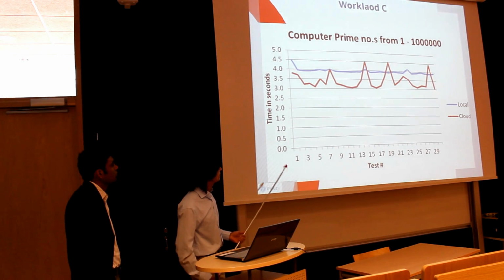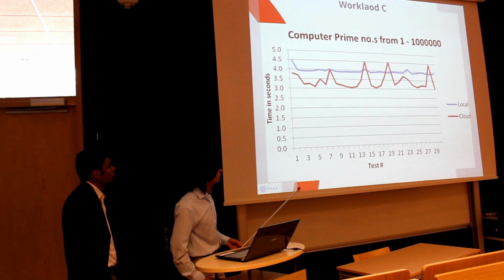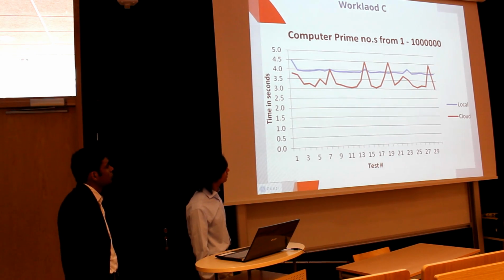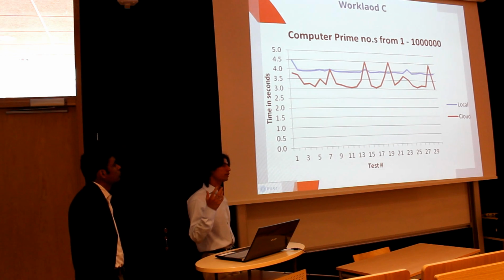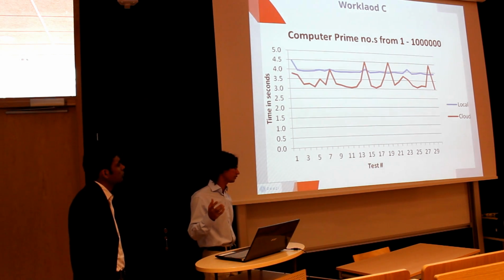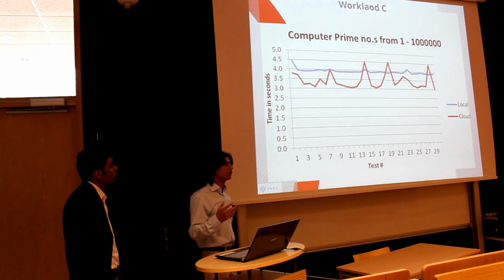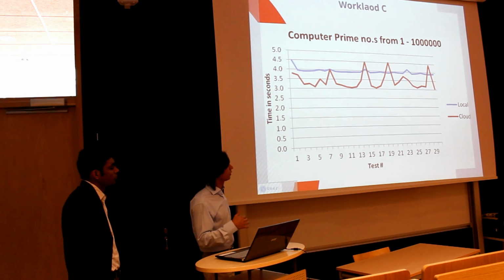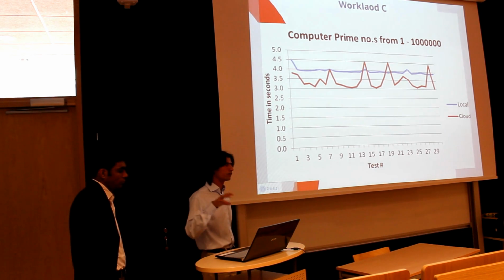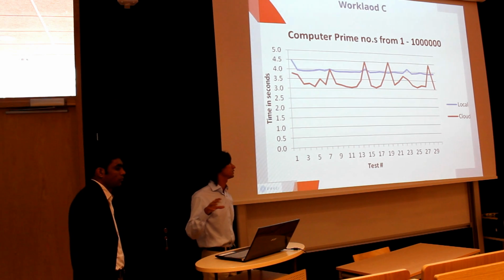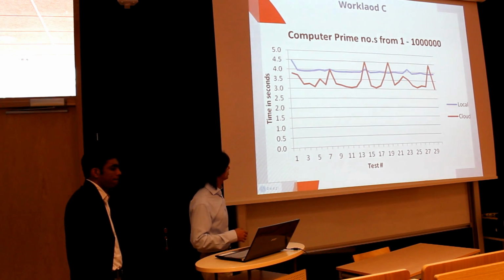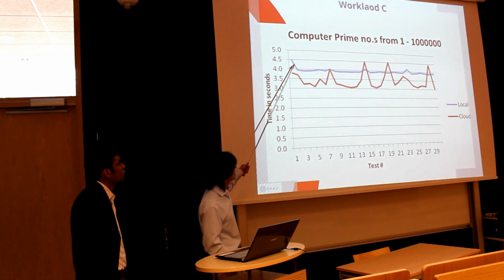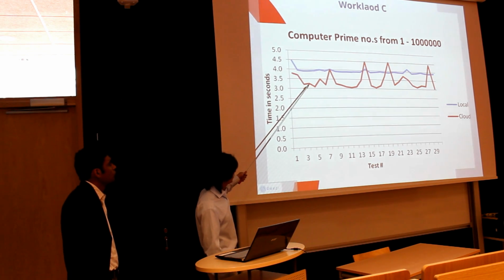And for workload C, finding the execution time again. Here we came up with an interesting result: as we increased our workload, that is the complexity of the task, finding prime numbers below 1 million, the task is now more complex. The cloud web server performed very well as compared to the local web server. It took less time.